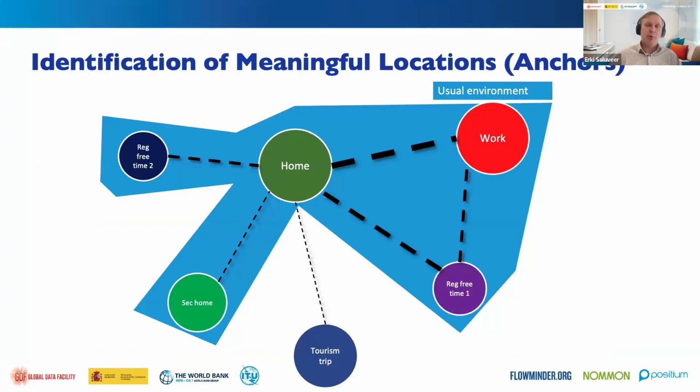But I think the most important part in almost any mobile phone data project is to detect meaningful locations such as home, work, free time, etc. locations. So locations that are important for people. For this purpose, a model should be built based on the spatial temporal patterns of each subscriber.